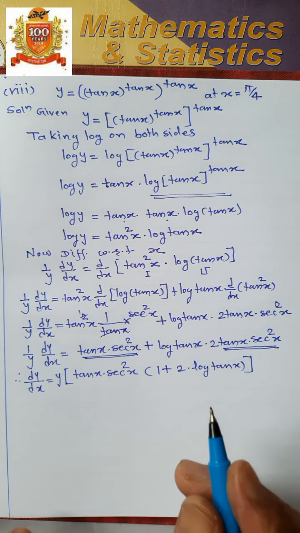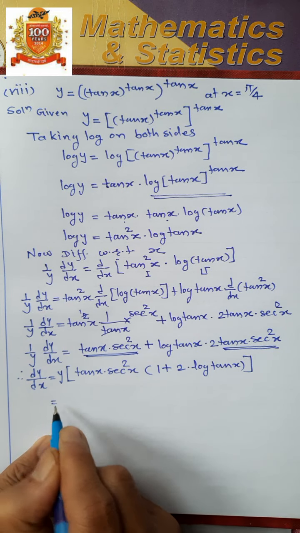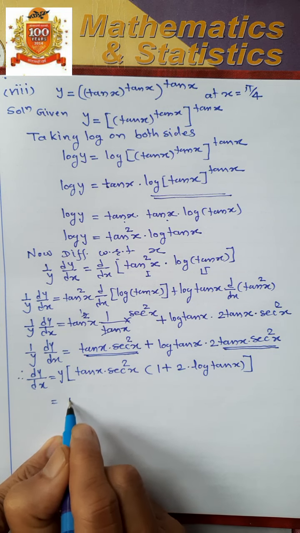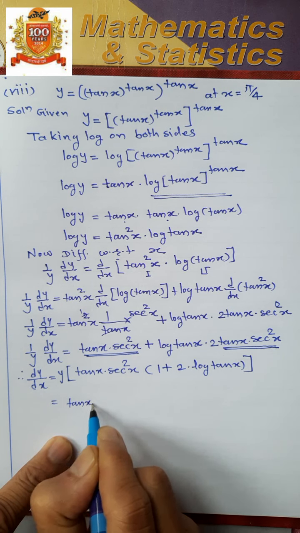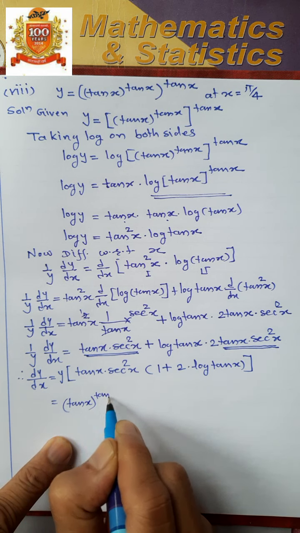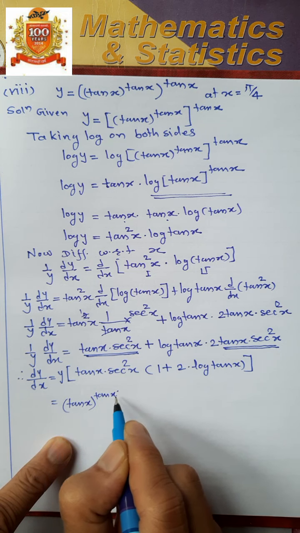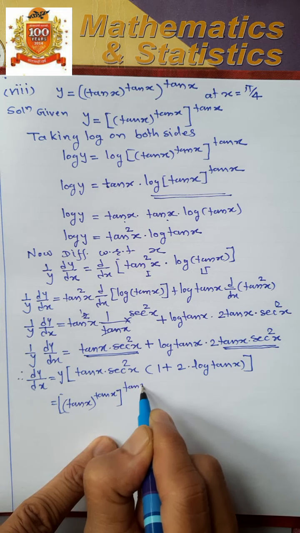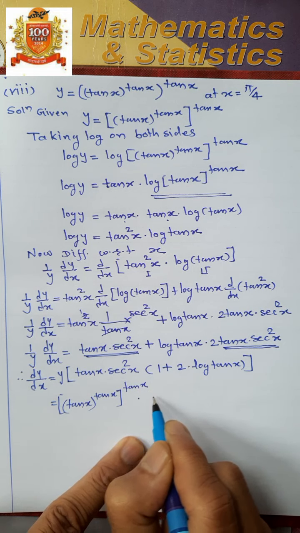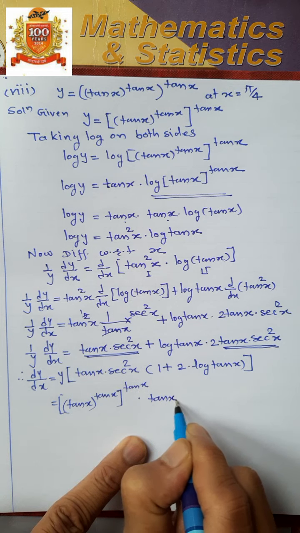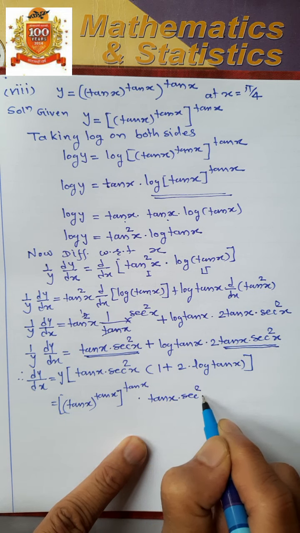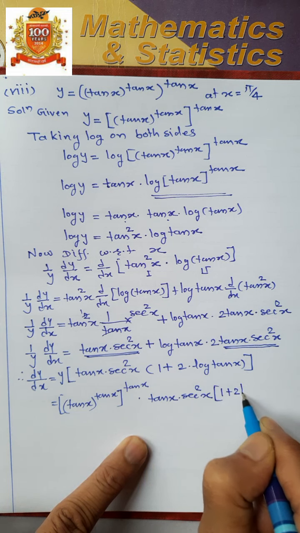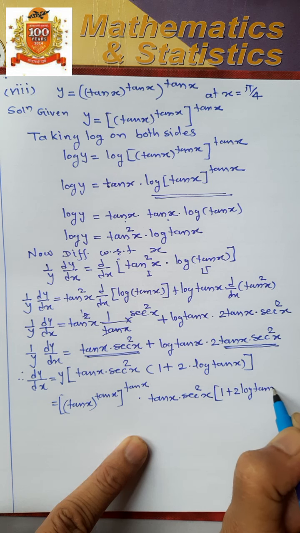Isn't it? Which is equal to, now y means what? What is the value of y? Y is tan of x raised to power tan of x whole raised to power tan of x into tan x into sec square x into bracket 1 plus 2 log of tan x.